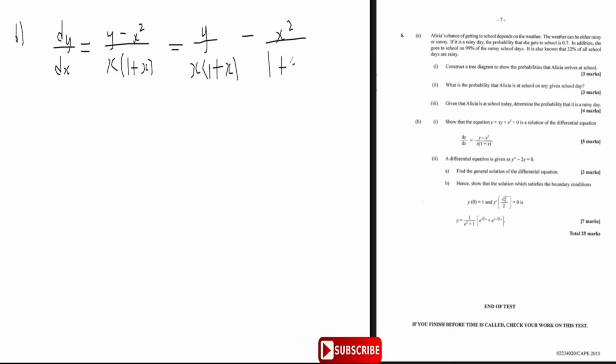Now this looks very familiar to me. If this is dy by dx, I can put it in this form now.